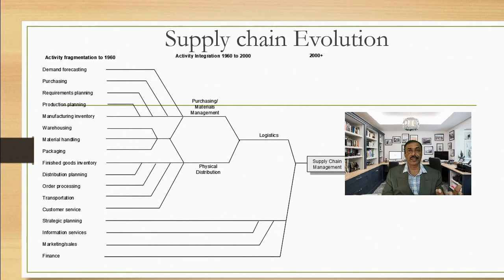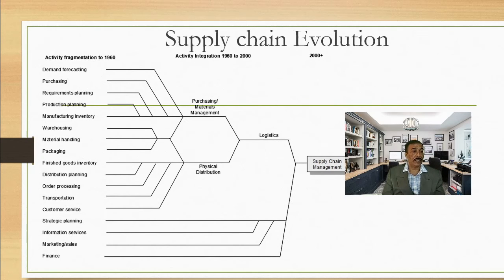There are demand planners or demand managers. Second is purchasing, one of the core activities. Then material requirement planning, with supply planners or material planners. Production planning involves master production scheduling and material requirement planning. Manufacturing inventory planning and management is there.